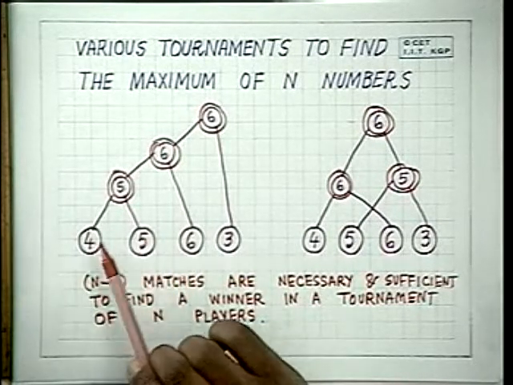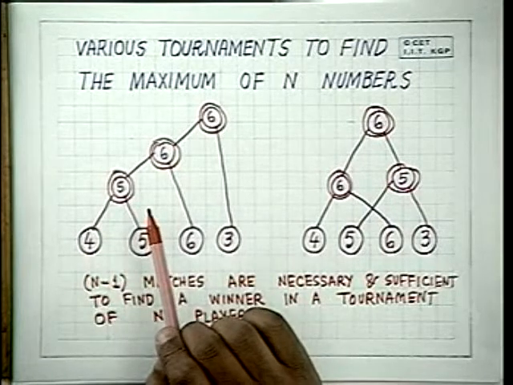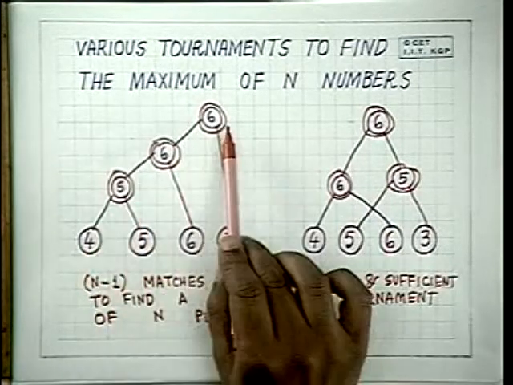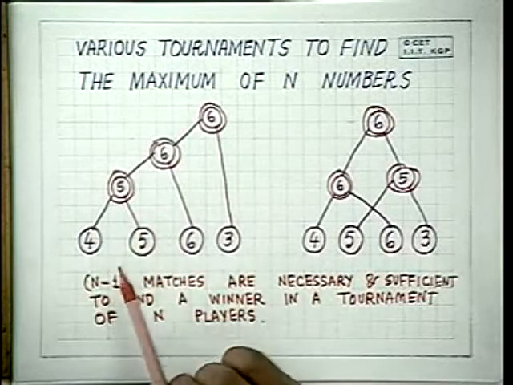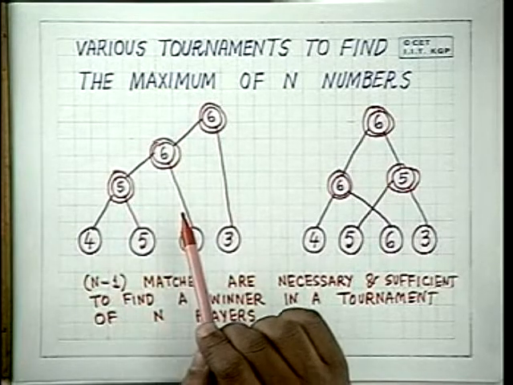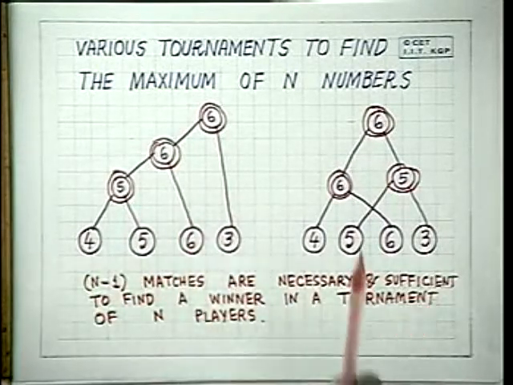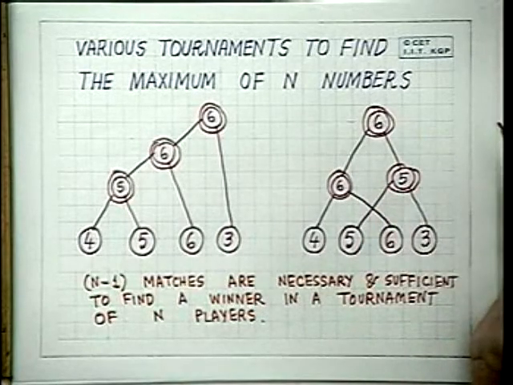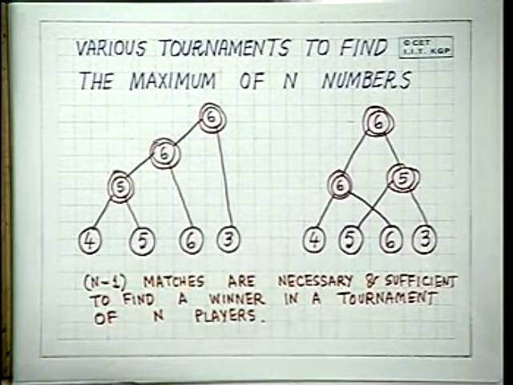But for finding out the maximum of n numbers, we took the easy way out and we did it this way because it made programming easier and it was possibly the most efficient way in which you can find the maximum of n numbers because you just cannot reduce the number of steps.